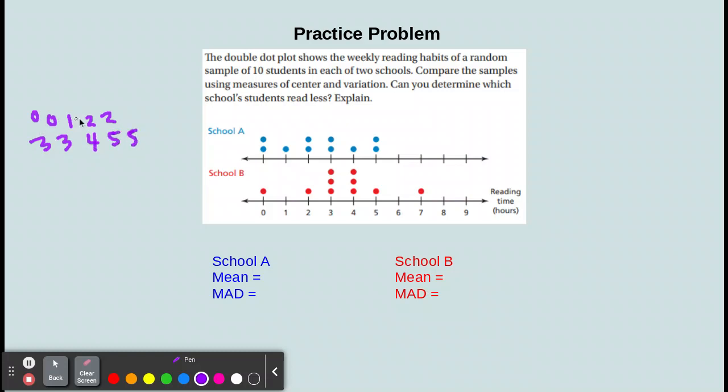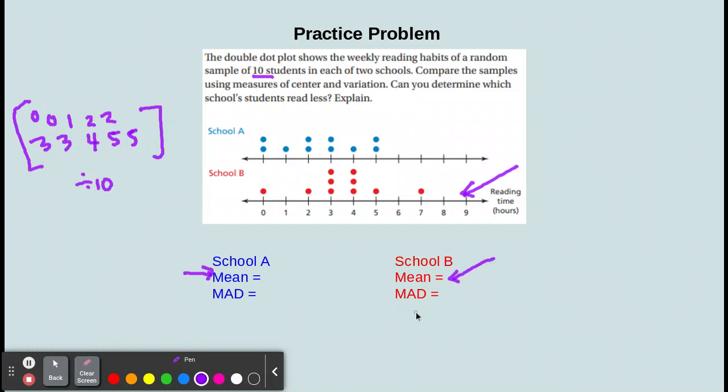We have 1, 2, 3, 4, 5, 6, 7, 8, 9, 10. Okay, so 10. So you need to add all these, and then you need to divide it by 10. That will give you the mean for school A. Then you do the same for here, and that will give you the mean for school B.